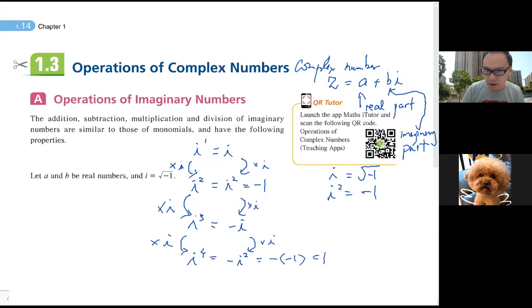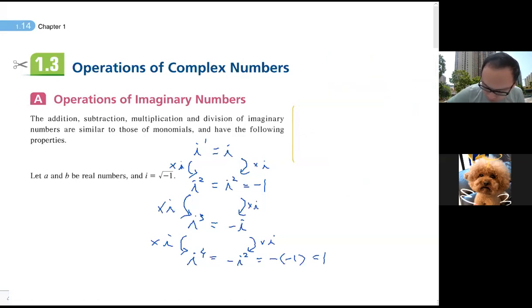If I continue the story, let me clear this part first. If I multiply another i, so this is i to the power 4 is equal to 1.